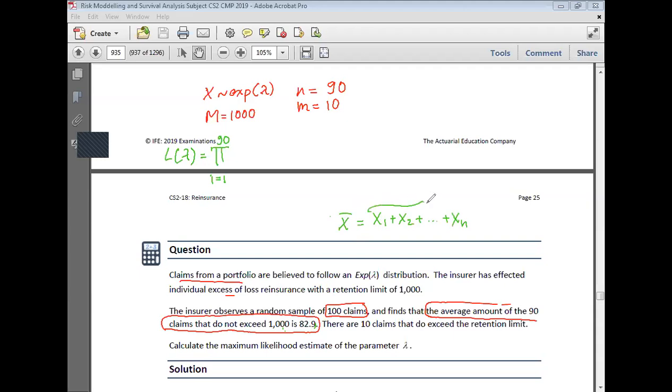So these are the amounts incurred by the insurance company only, right? And now I'm adding n plus 1 till xn plus small m, and this will be upon small n plus small m, right? That is how I denote my x bar. Do you guys agree with this?